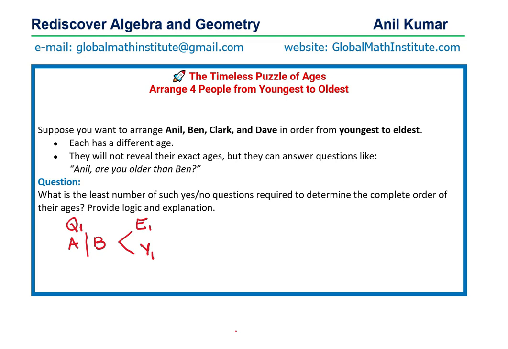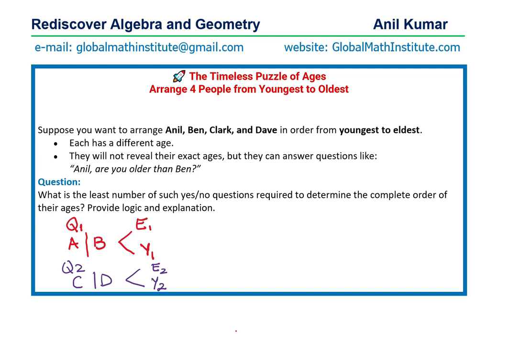Now, the second question is for Clark and Dave: we ask Clark, are you elder than Dave? Then he is going to answer, and so we get another set of elder and younger.